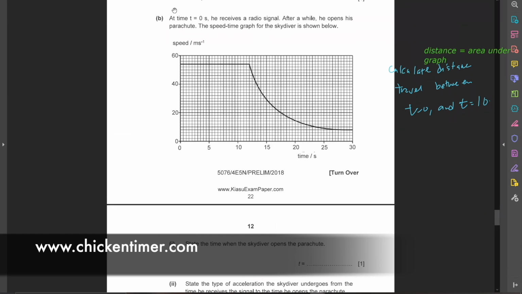So distance equals the area under the graph. That one is correct. So how? The distance traveled between 0 and 10: 10 times 54.